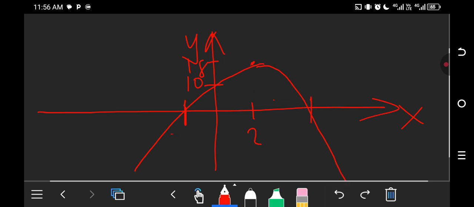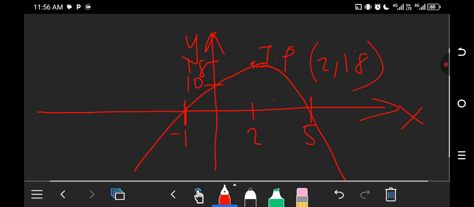So -1 must be on the negative side of the axis, then +5 on the positive x-axis. Then you indicate the turning point there, that the turning point is 2, 18.